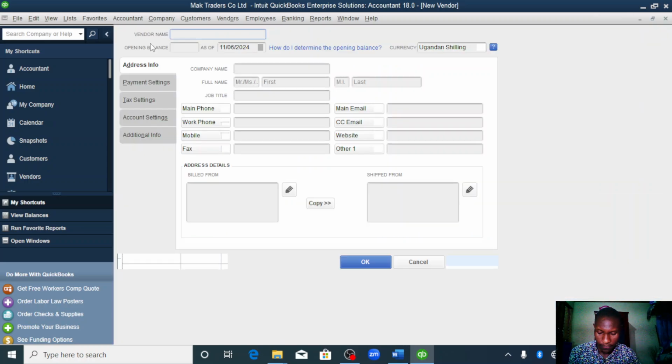Vendors we are having Cavalry Sisters, having an opening balance of 1,700,000.